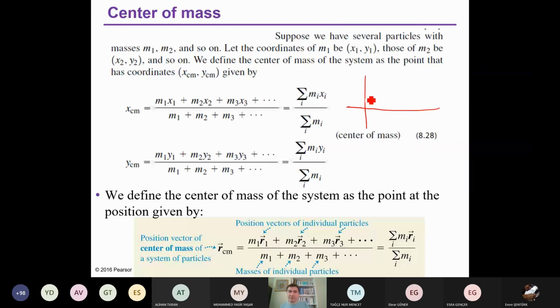Here we have a coordinate system, x-axis, y-axis, and here we have many masses with different positions.